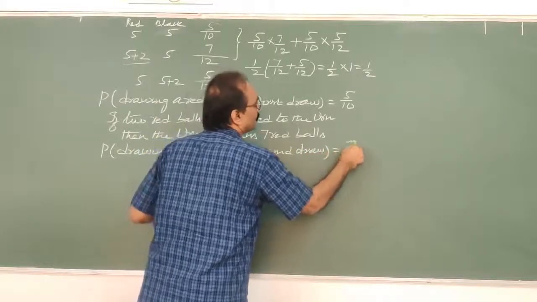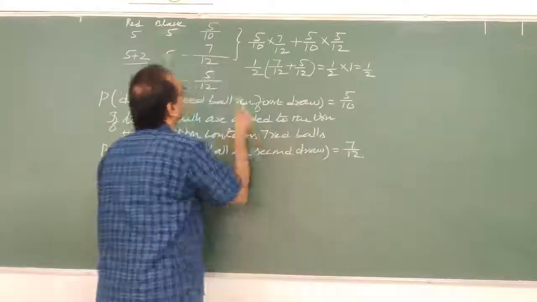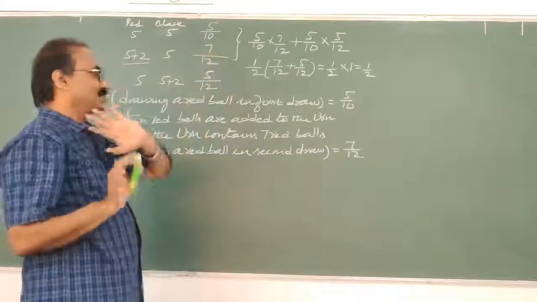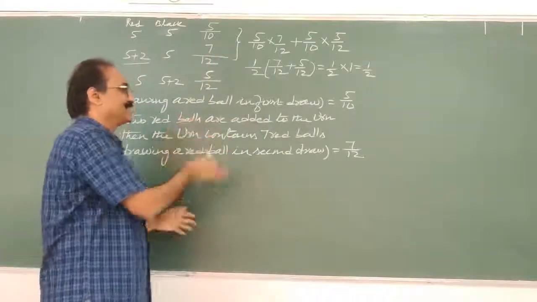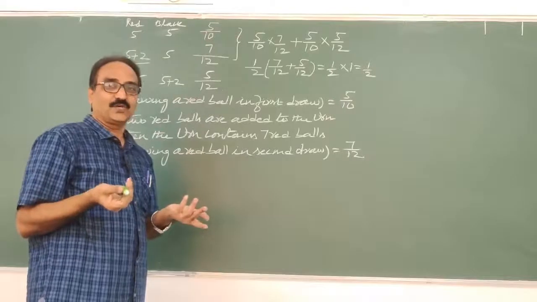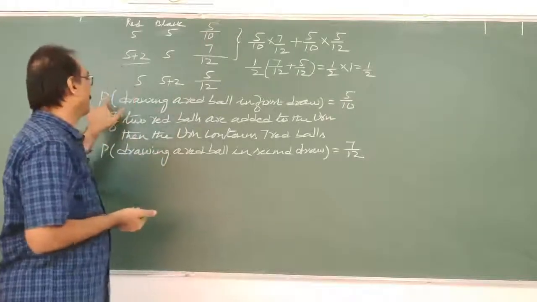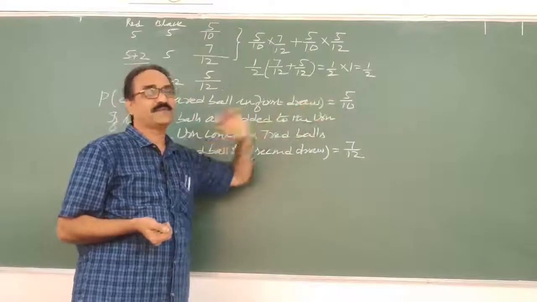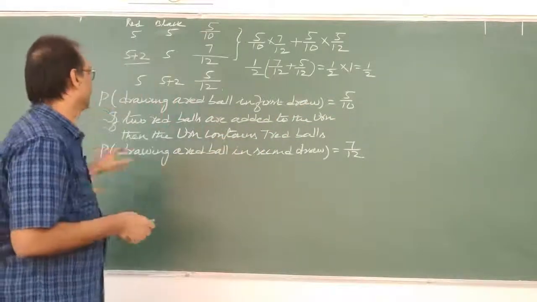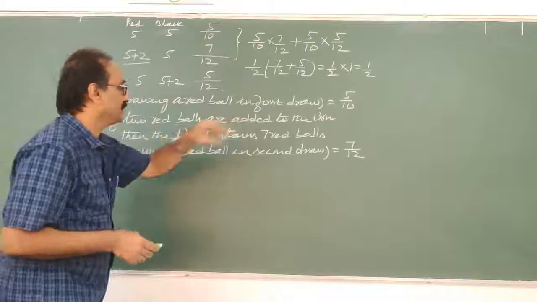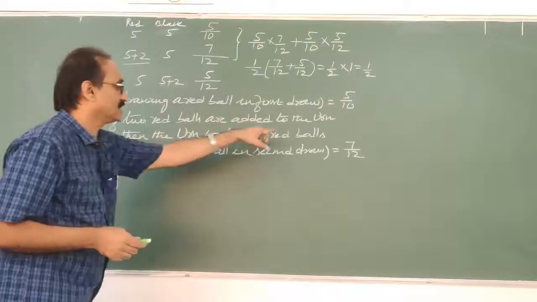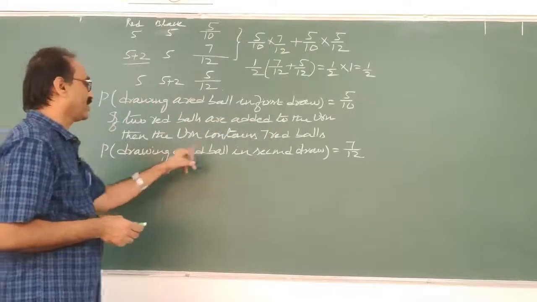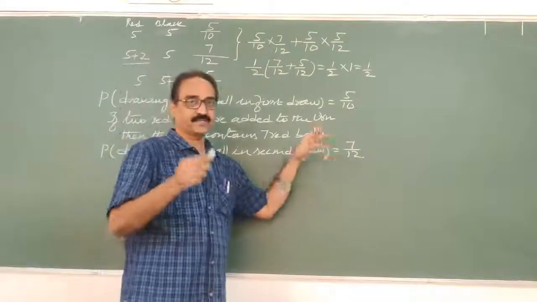That is equal to 7 by 12, because only this much should be extra added. So probability of drawing a red ball in first draw is 5 by 10, and if 2 red balls are added to the urn, then the urn contains 7 red balls. So probability of drawing a red ball in second draw is 7 by 12.